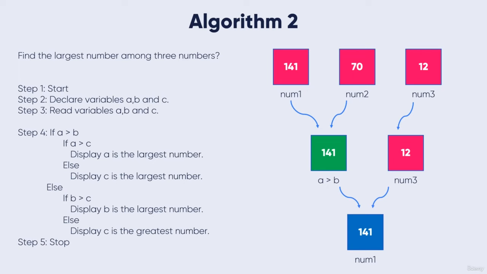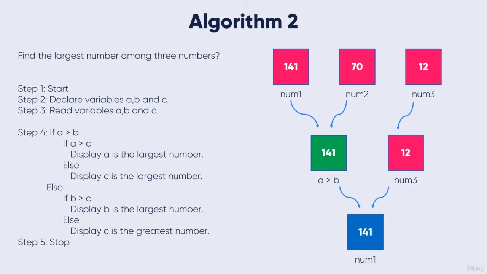Okay? There is another thing that we should consider. Maybe the first number, num1, is not greater than num2. So there is an else condition. If A is greater than B, and this is our case, it works fine. We should consider all the cases.